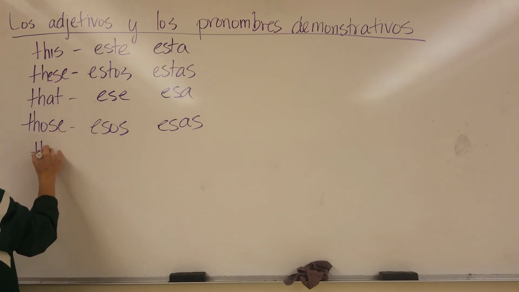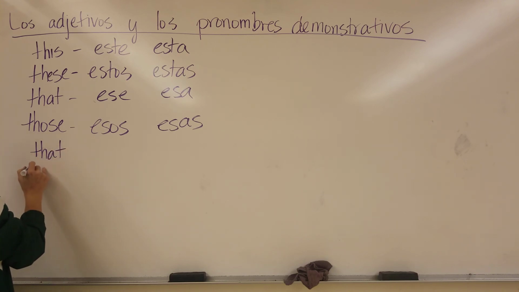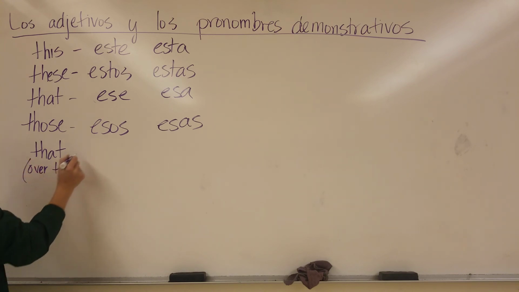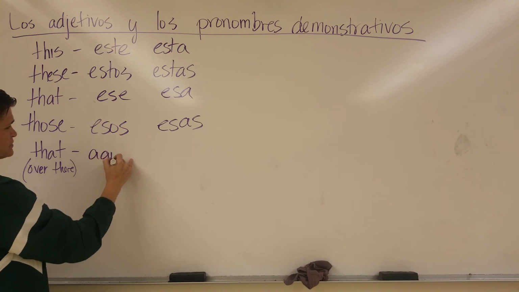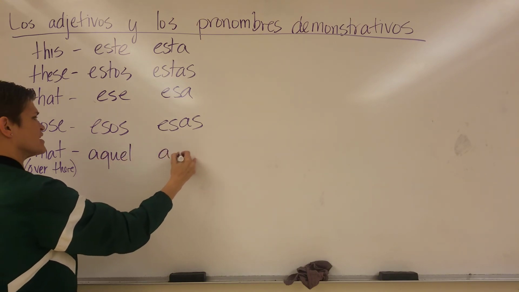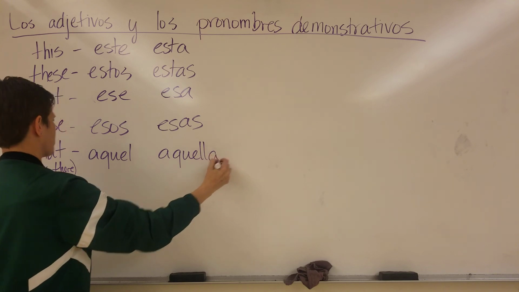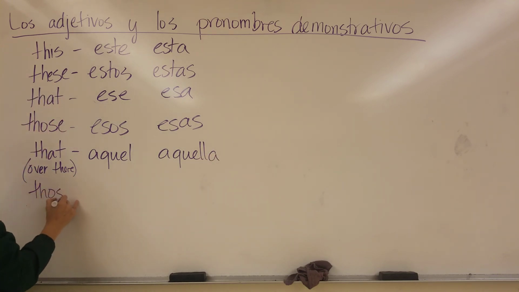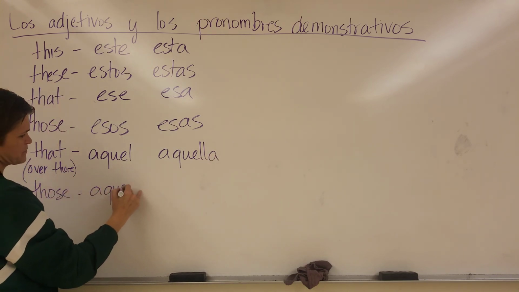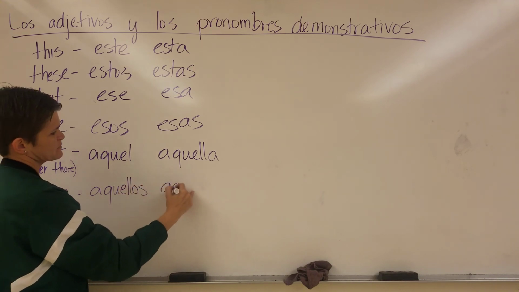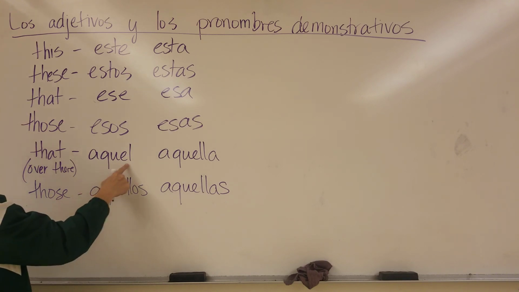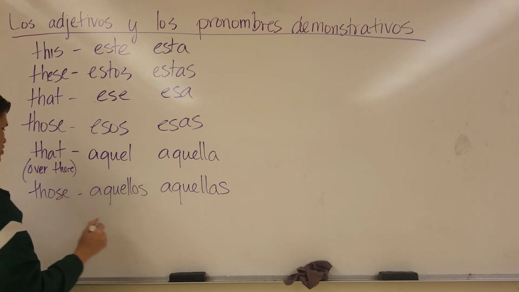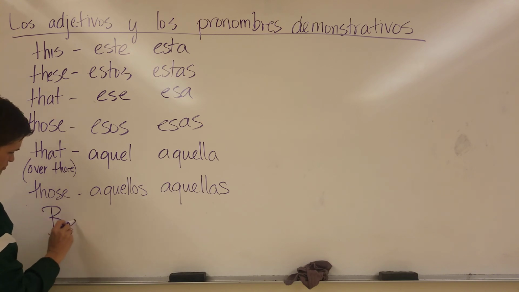But if it's that over there, okay, over there, so it's far away from both people that are speaking, then we used aquel or aquella, and then those over there was aquellos and aquellas. And we make it match with the gender and the number. Now these are always going to go before the noun.